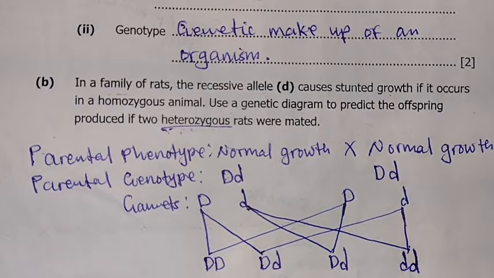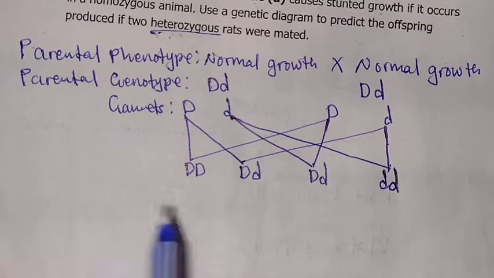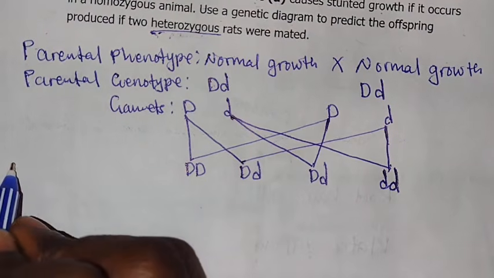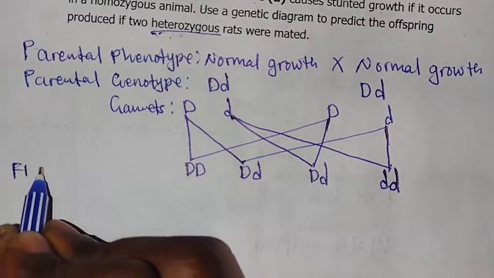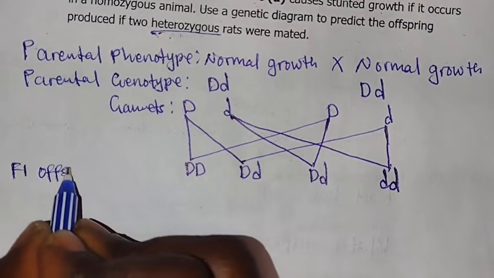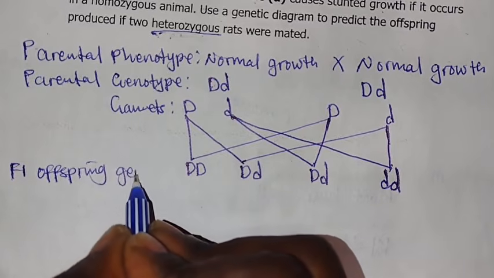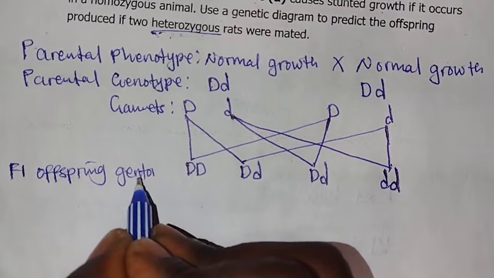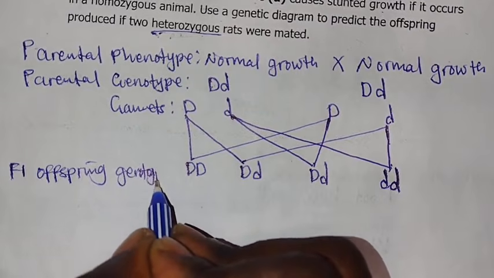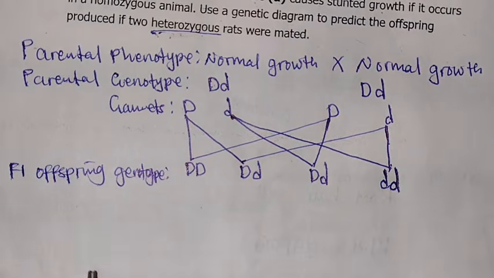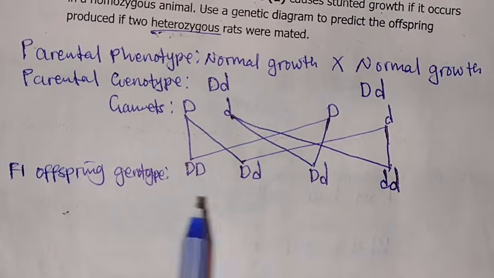So what you have gotten is the first filial offspring genotype. Okay, so here we are going to write that this is our F1 offspring genotype. Make sure that you write your genetic diagram neatly like this.